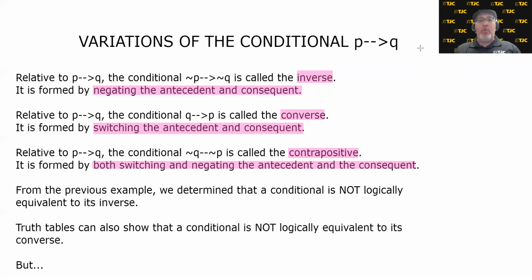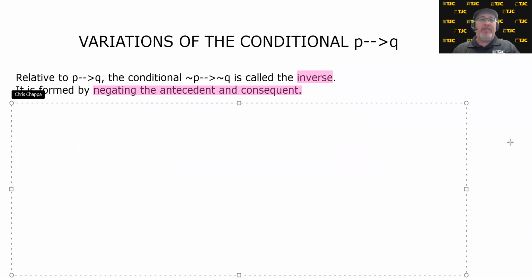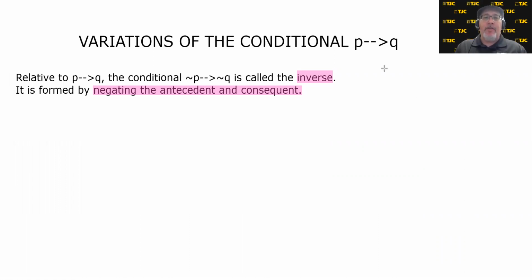There's actually three ways you can take an if-then statement and twist it and change it to make a new one. The first way is what we just saw. Let's cover up everything below here just for a second, so it's not in the way. Relative to the conditional P pointing to Q, the conditional negation P pointing to negation Q is called the inverse.